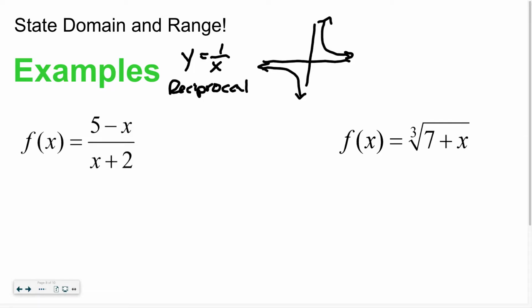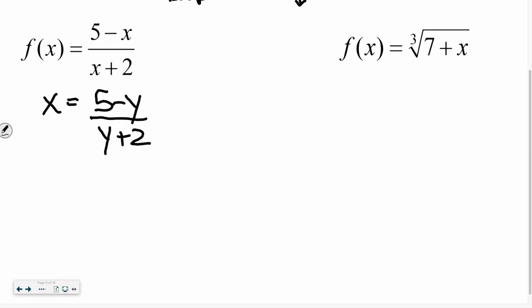So what do we do first? Switch x and y. I'm hoping that on the green sheet for number 4, everybody at least switched x and y. Okay. After you switch x and y, your goal is to solve for y.